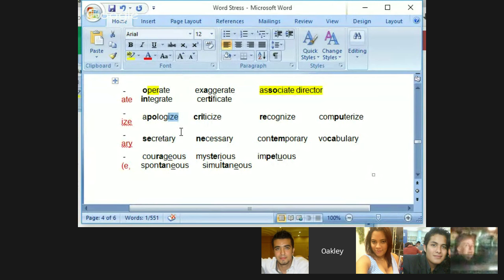Paul gets primary stress. Eyes is getting what we call secondary stress. It's loud, it's stretched, it has full pronunciation of the vowel. However, it's low pitch. It's very low, as opposed to primary stress, which is very high.